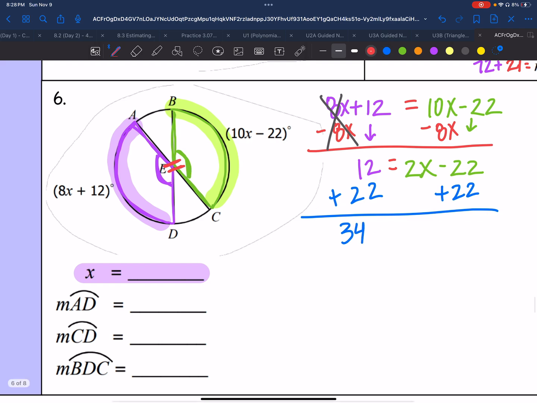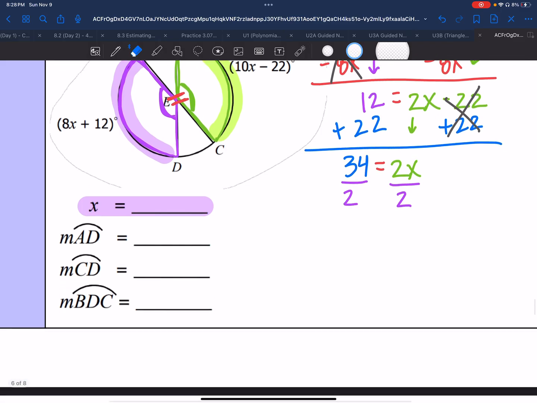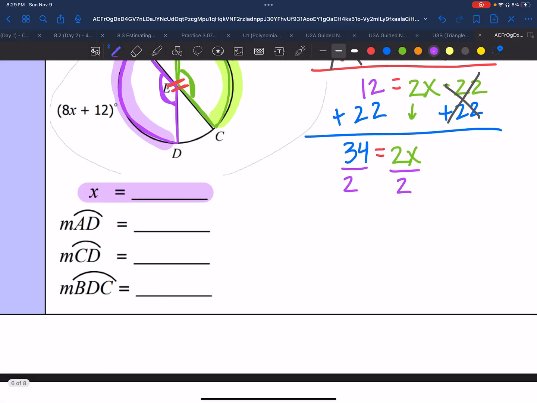That is going to equal, we bring down our 2x. Negative 22 plus 22 is 0. Last but not least, we want x by itself, so the opposite of multiplication is division. 34 divided by 2 is 17, and our 2's cancel out, so x is by itself. So x is going to equal 17.